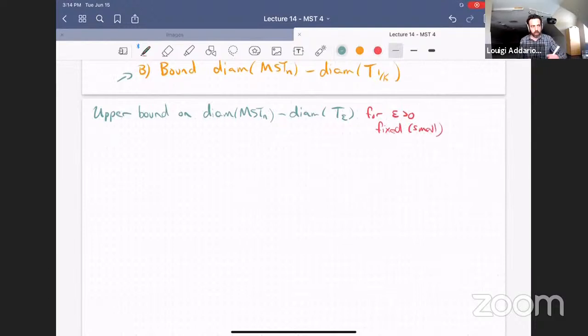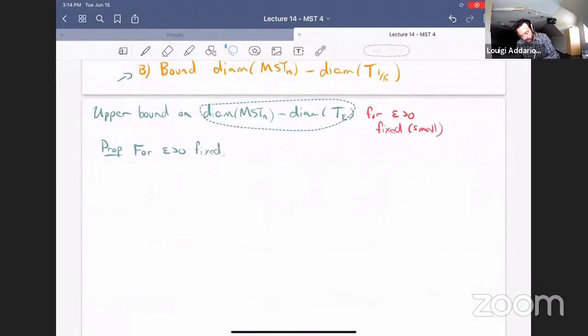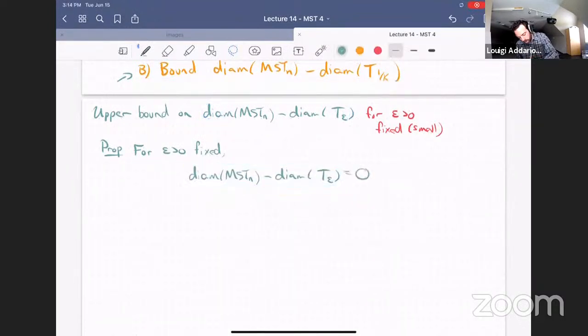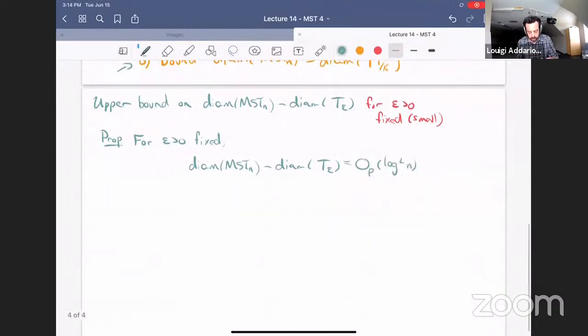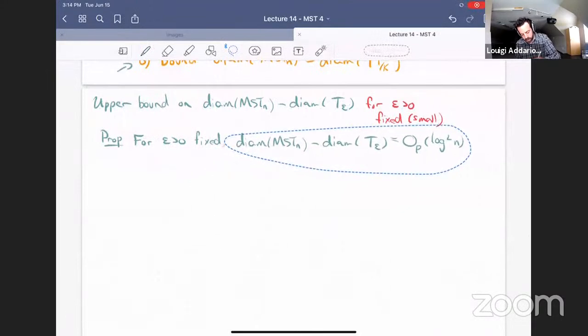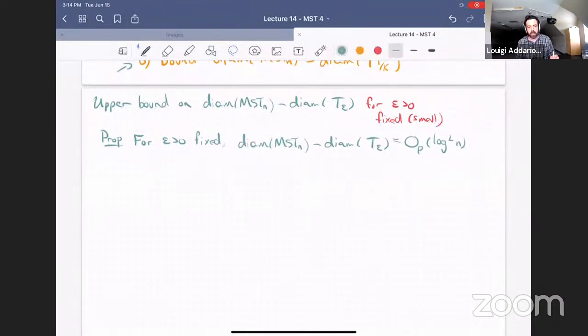I'll show you that in this regime, for epsilon fixed, this difference here is in fact polylogarithmically small. So this is at most log squared n. Okay, so that's our target. And we're going to prove this by analyzing a variant of Prim's algorithm.